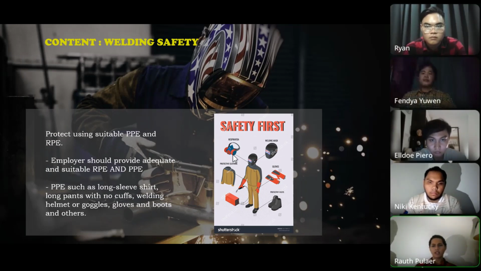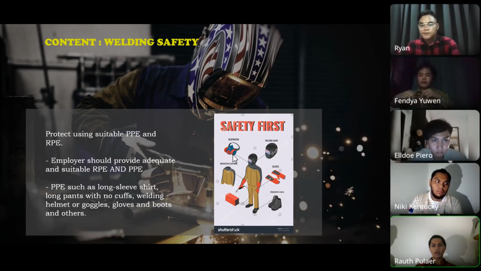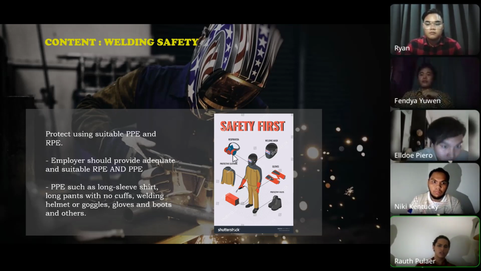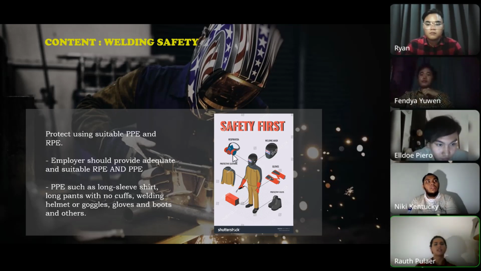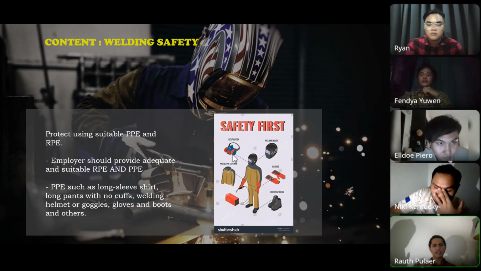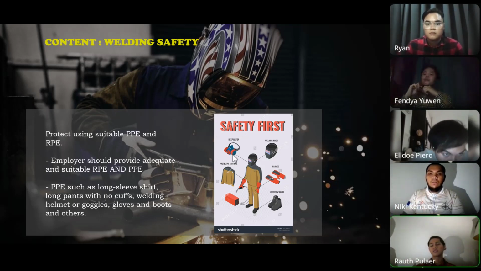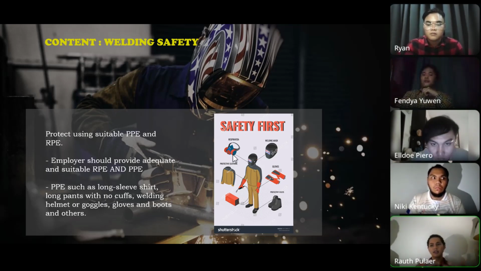As a welder, a person who welds, they need to be aware of their PPE and RPE. PPE stands for personal protective equipment, and RPE stands for respiratory protective equipment. Each of these provides a safe haven to workers so that they don't get poisonous gases into their lungs.